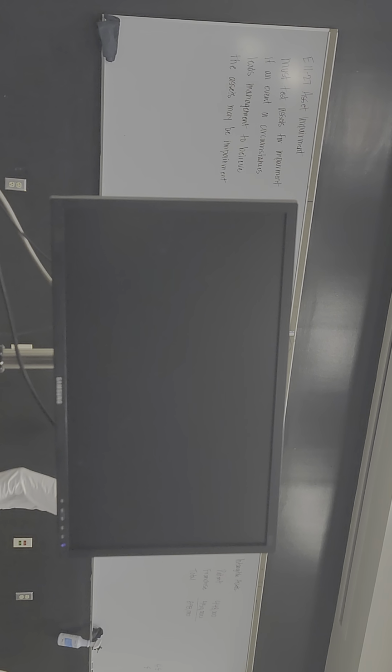So if we have an impairment, then I have to record that. I'm going to debit an account called loss on asset write-down, and I would credit whatever the asset was.